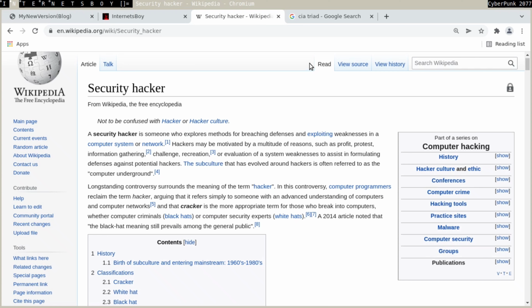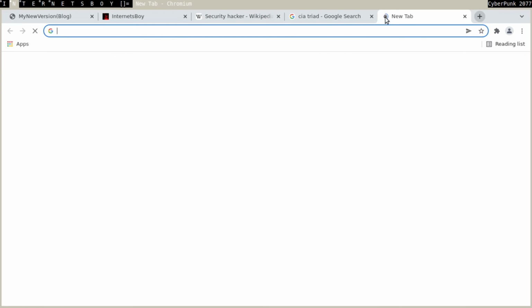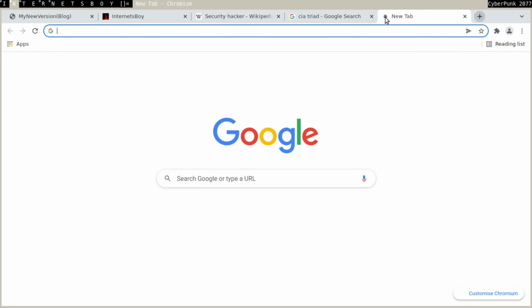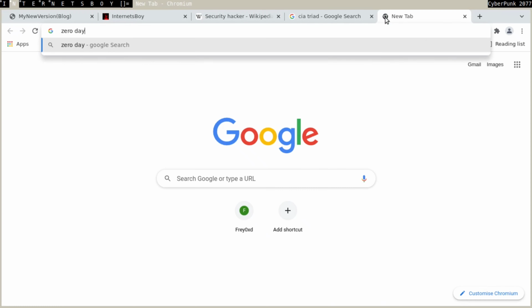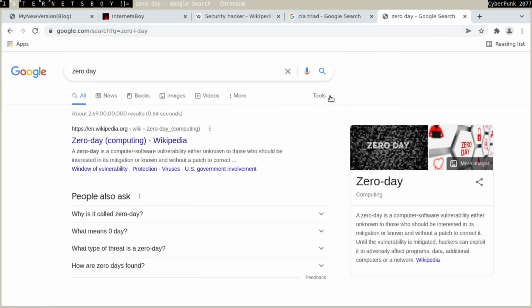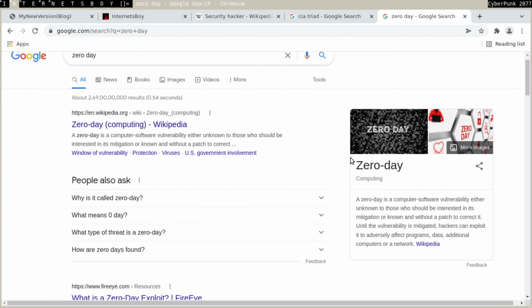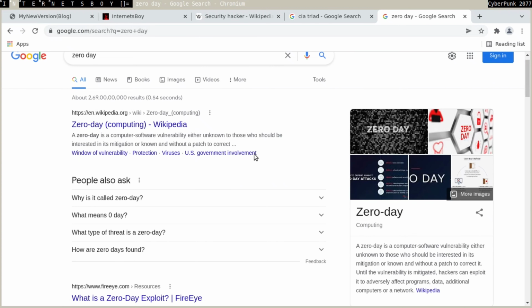Now about my 0-day, let me go and search about that. Okay, if you can see, a 0-day is a computer software vulnerability either unknown to those who should be interested in mitigating it, or known without a patch to correct it.